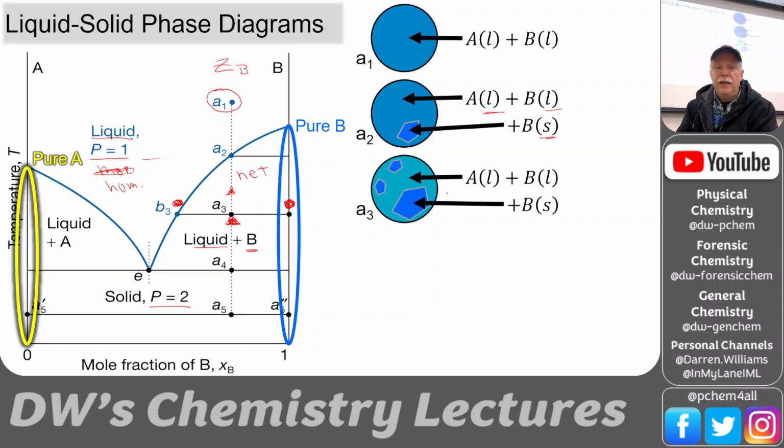So we still have A liquid and B liquid. That's the composition over here. So this right here is the amount of A liquid plus B liquid. And what's the composition of that liquid layer? You just come down here and look at the x-axis, right? So it's about 60% B and 40% A. Does that make sense?